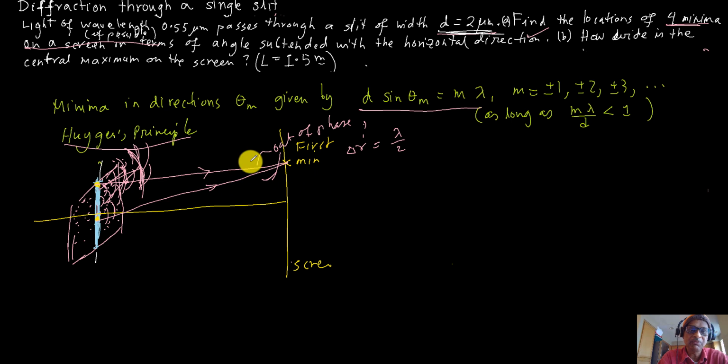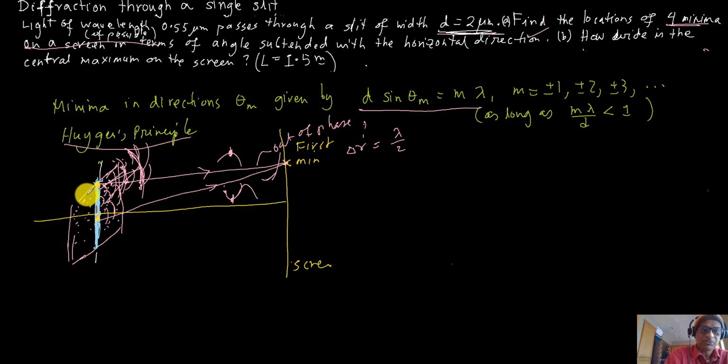So if this wave comes in over here, and this wave comes in over here, wherever one comes at the peak, the other one comes at the trough at this point. That will be the difference, the distance will be lambda over 2.